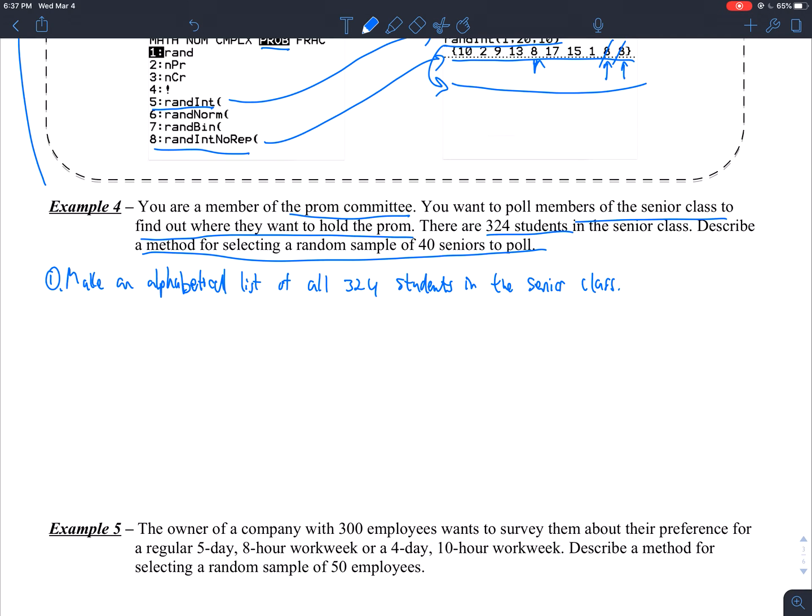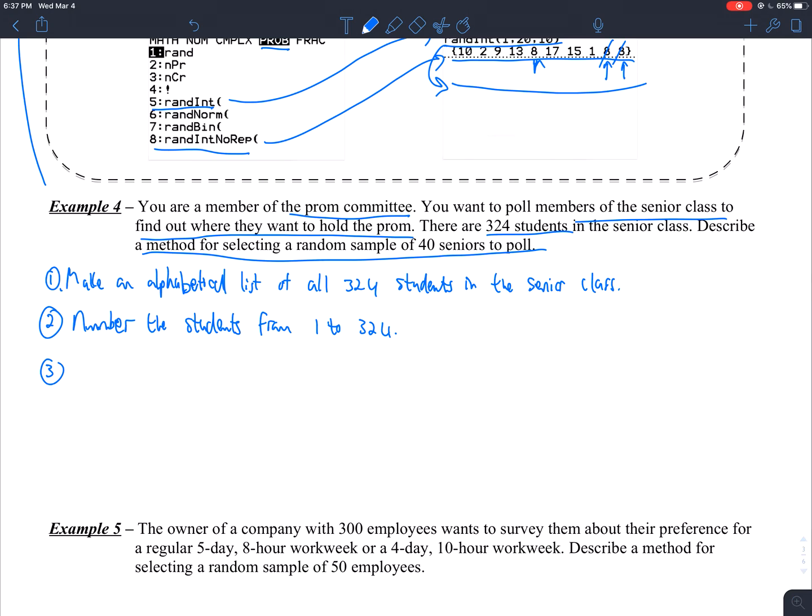Probably an Excel spreadsheet. And then number 2 is number the students from 1 to 324. So each student has a number associated with their name, right next to their name. Again, Excel does this very well.